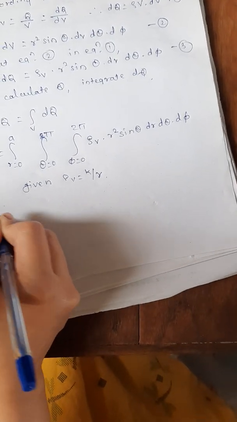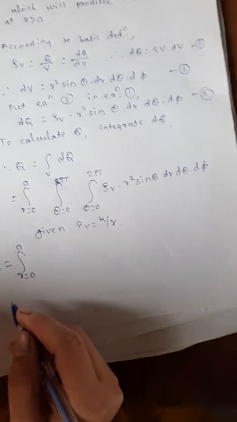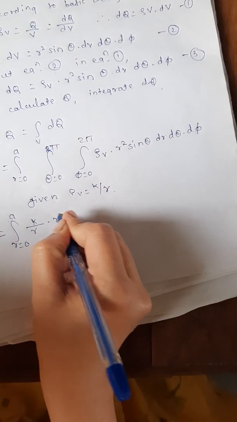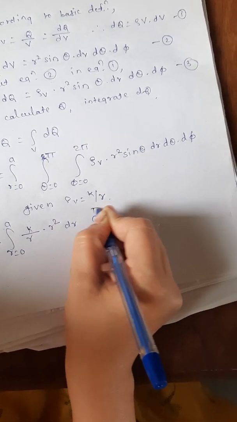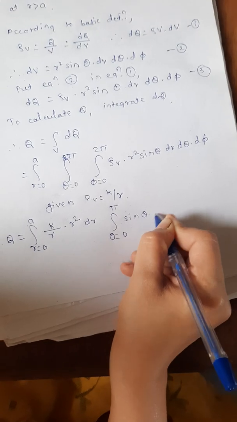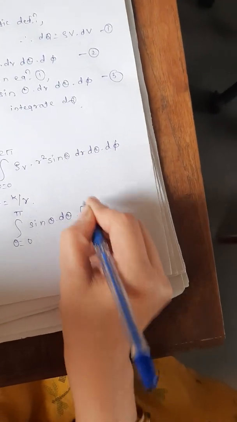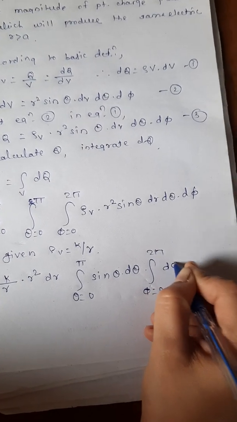So q is equal to integration r equal to 0 to a of k by r into r square dr, theta is 0 to pi, sin theta d theta, and phi is 0 to 2 pi d phi.